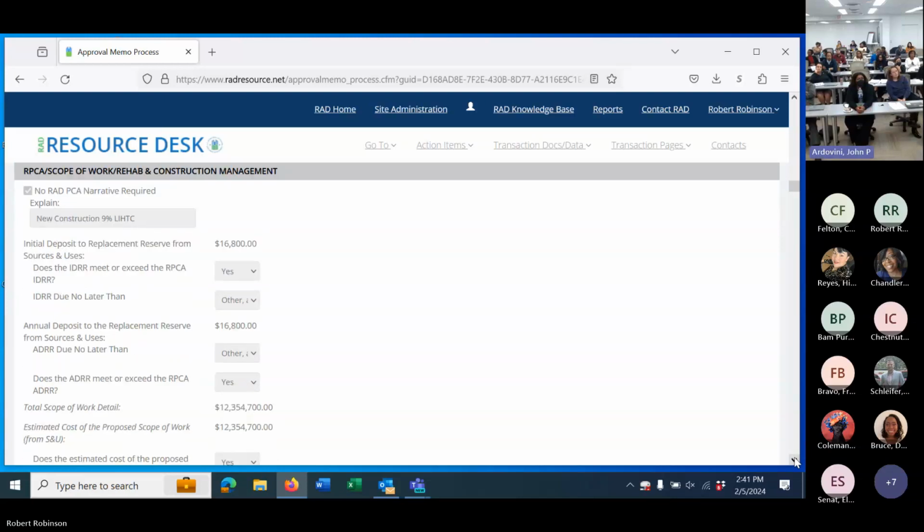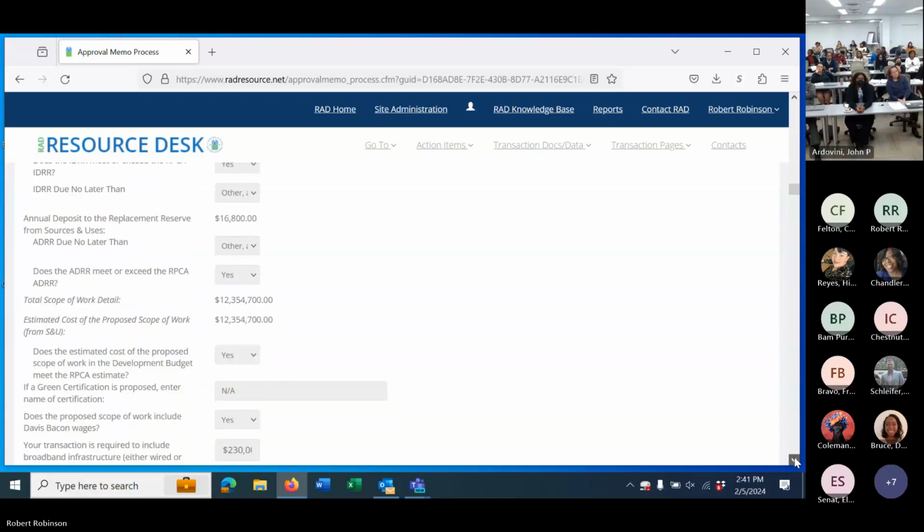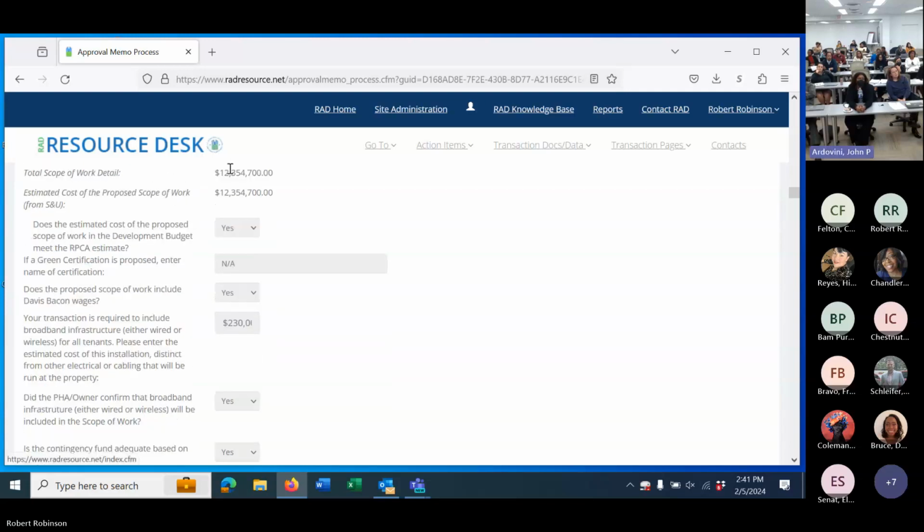We also look at the rehab amount, and then we confirm the scope of work. So the PHA makes an entry of what the scope of work is, but we also have a section where we do an upload. We take that from the secure systems, from the CNA tool, and we upload into the system.